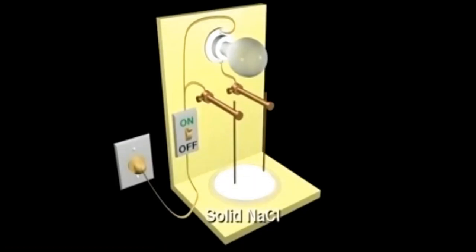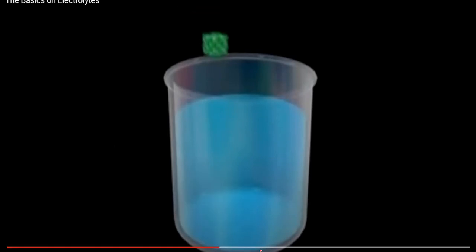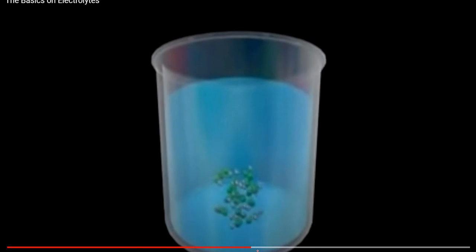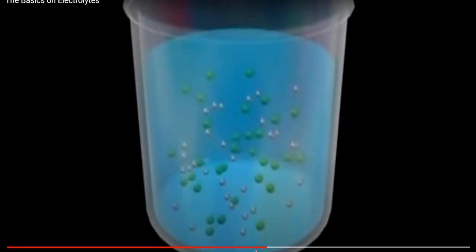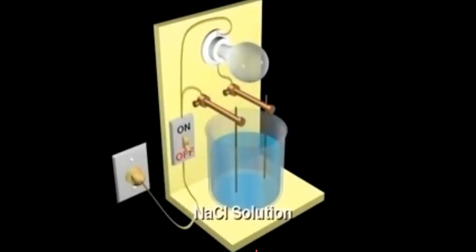Now if we mix it up with water, then the sodium chloride is going to be turning into sodium and chloride ions. So there's the water, there's the sodium chloride. They're broken up into ions, and ions conduct electricity. So they put the sodium chloride in there, and then voila, the light goes on.